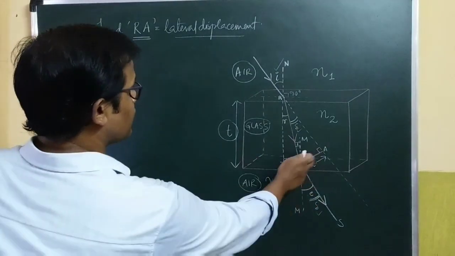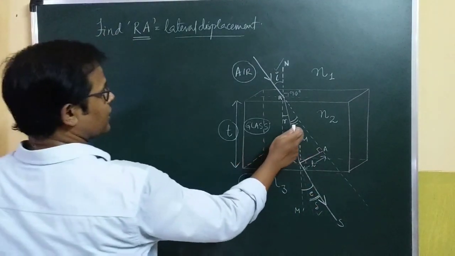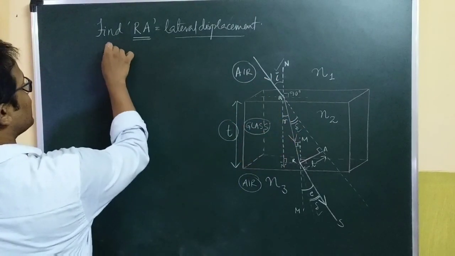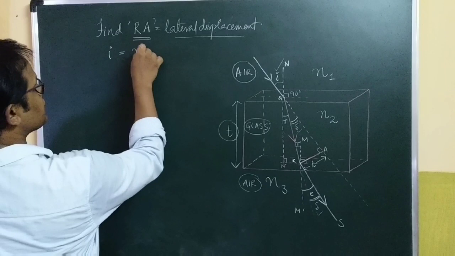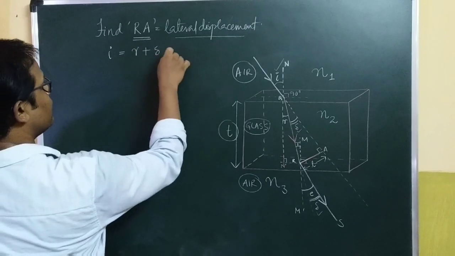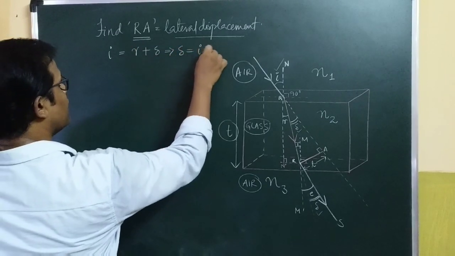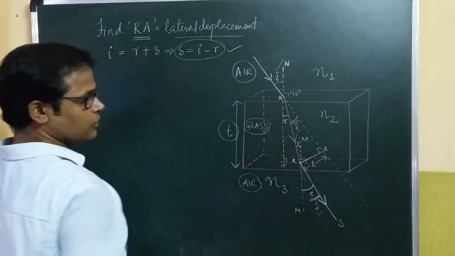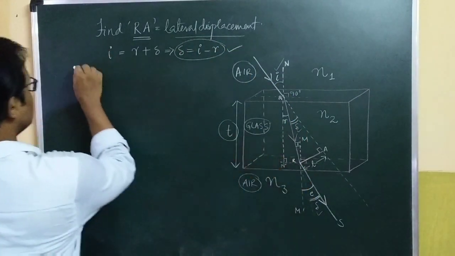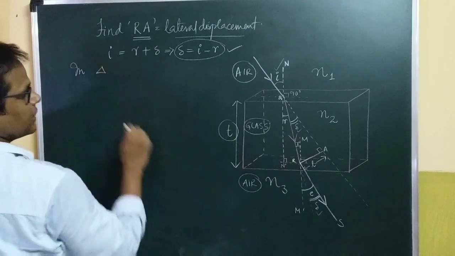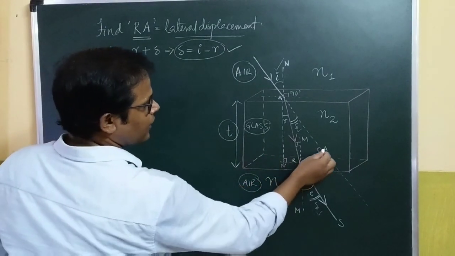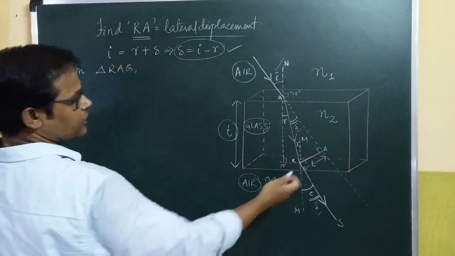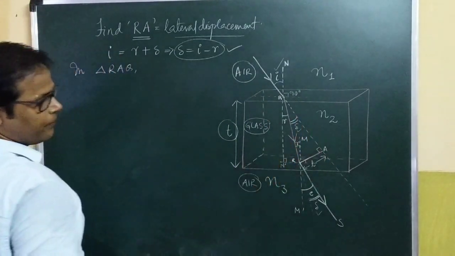So, first of all, you can clearly see from the geometry of the angles that angle I can be easily written as the sum of R plus delta, from where I get delta is equal to I minus R. No surprise, that's all good. So now let me quickly write down this triangle. In triangle RAQ, this is your 90, this is your delta.